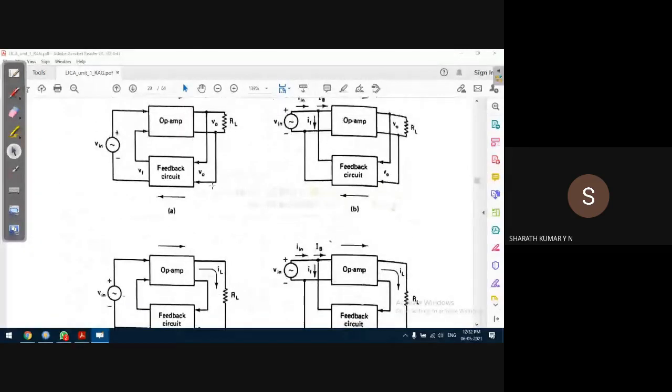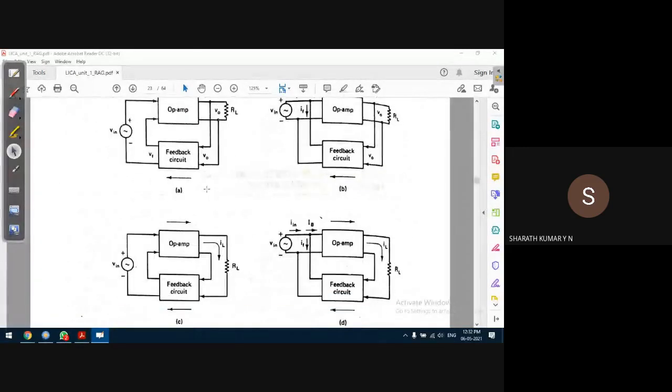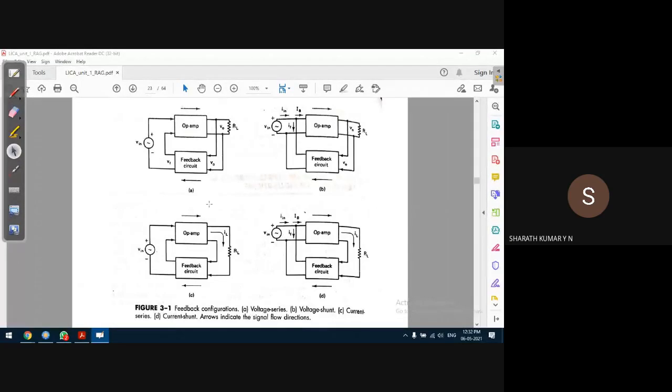I think I may have to reduce the size of the diagram. Hopefully this is visible, because I need to reduce the size to fit the complete picture into the window. So first case is voltage series feedback. Second case is voltage shunt feedback. Third one is current series feedback.